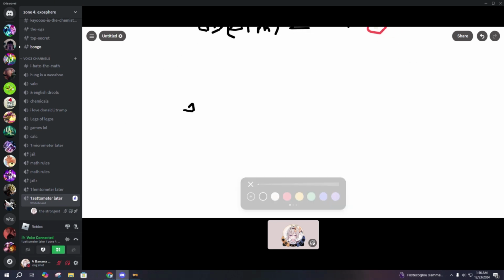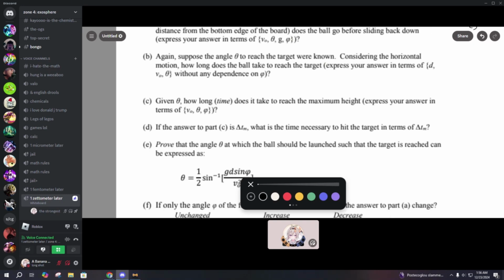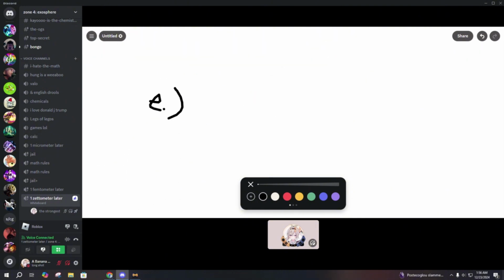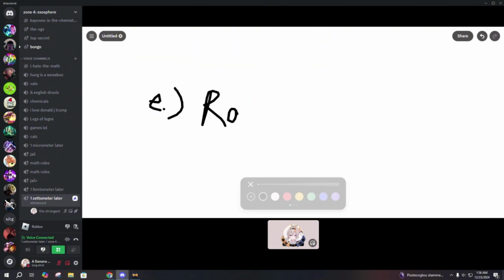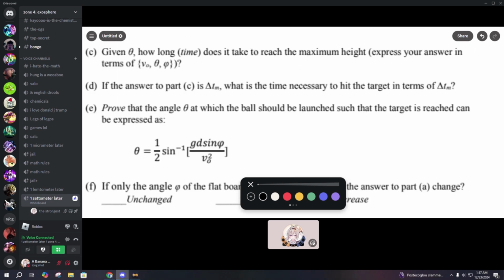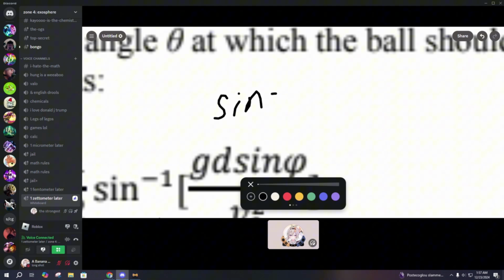Okay, part E. Prove that this is true. The angle the ball should be launched at is represented by this. Well, I think I would best work with range because I see this arc sine, and this one-half indicates that it came from sine 2 theta.